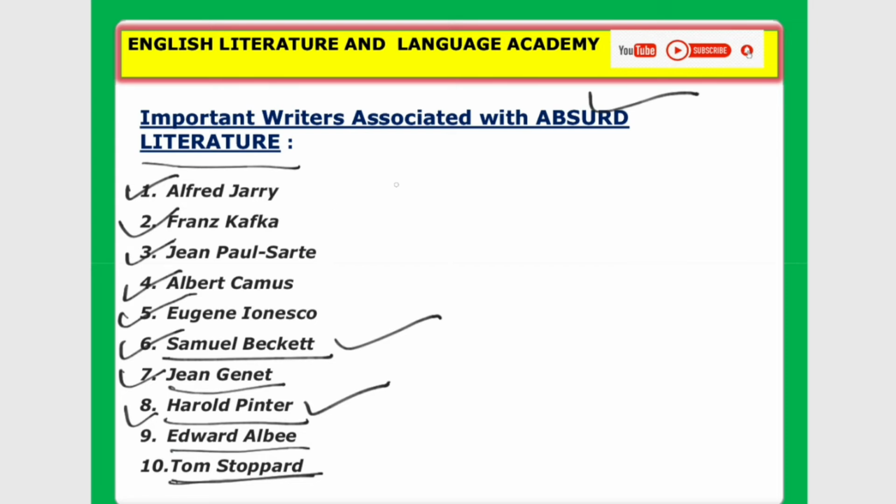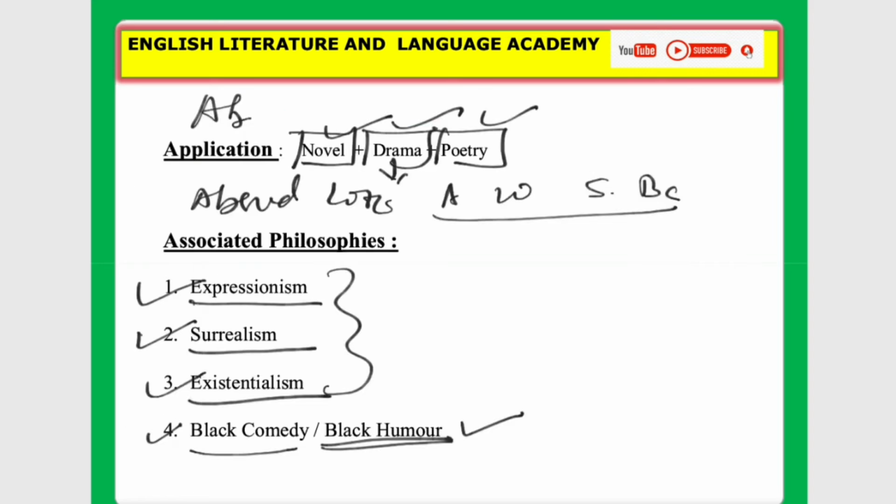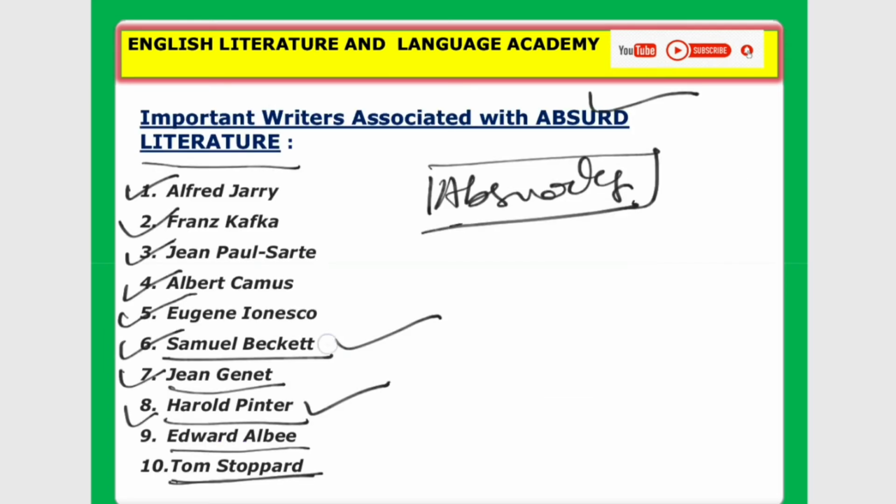In their plays, absurdity or absurd literature dominates. As we have discussed, the features of absurdity are irrational, disorderly, inconsistent, and foolishness. All these features can be attributed to their writings, especially in drama. Please refer to their important plays.